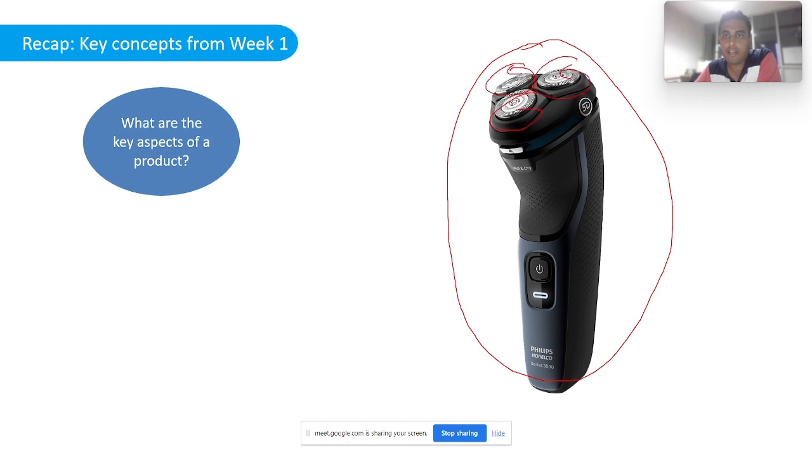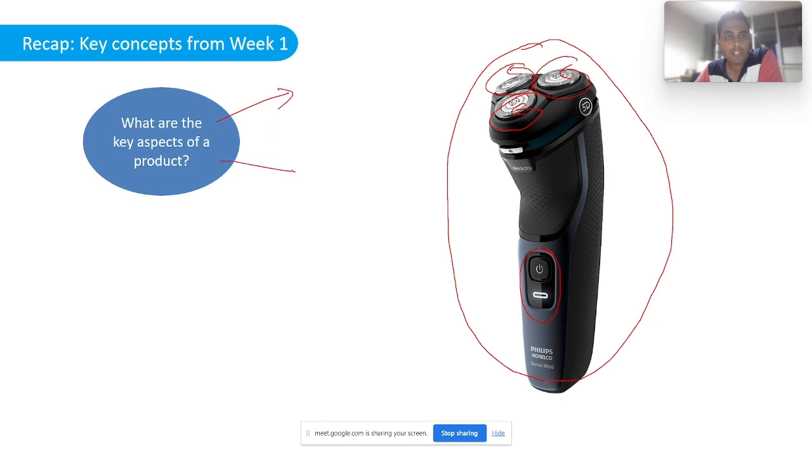It's an electronic device which one can use to shave the facial hair of a person. Now it has the mechanisms inside, it has the power, it has some sort of functional buttons to operate. So this is typically an electronic product.